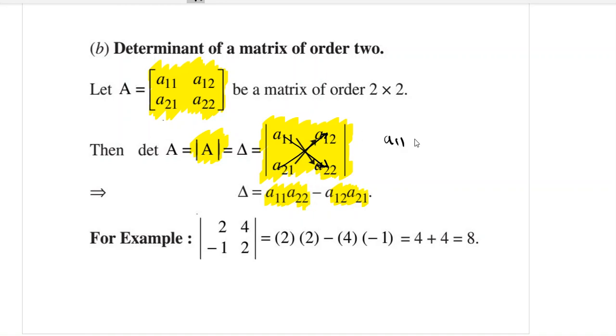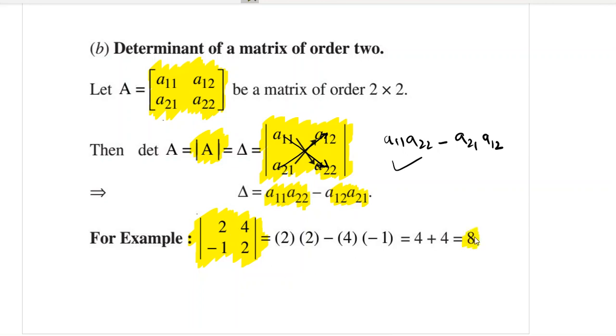A11 A22 minus A21 A12, and that will give you your determinant, right? Suppose this is a matrix whose determinant has to be found out. Then 2 twos are 4, minus 4 into minus 1, that is 4. So 4 plus 4 gives you 8. So determinant is 8.